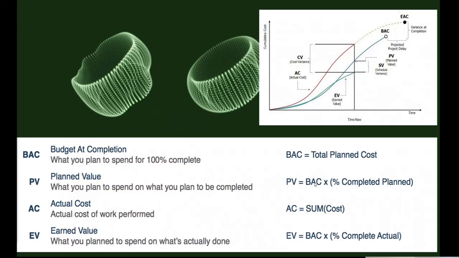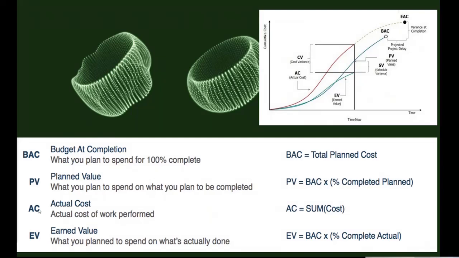Planned value is the total budget cost multiplied by the percent planned complete. For example, total is $5 million, and you are saying that in that time frame you complete 50% of work. That means 5 million multiplied by 50%. That is called planned value.